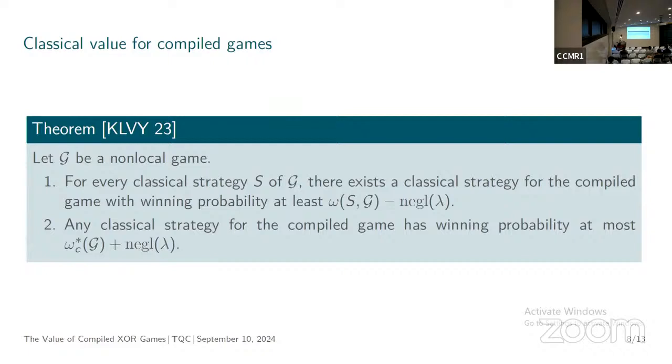But the second part says that I cannot do more: any classical strategy for the compiled game cannot be better than the best classical strategy for a non-local game, up to some negligible function. Okay, so this is the classical value.